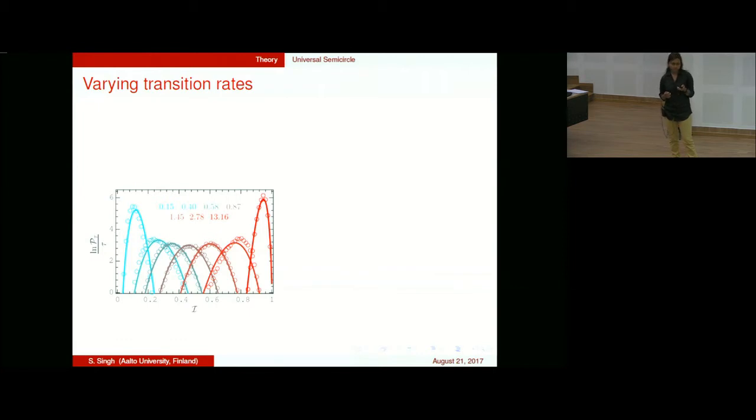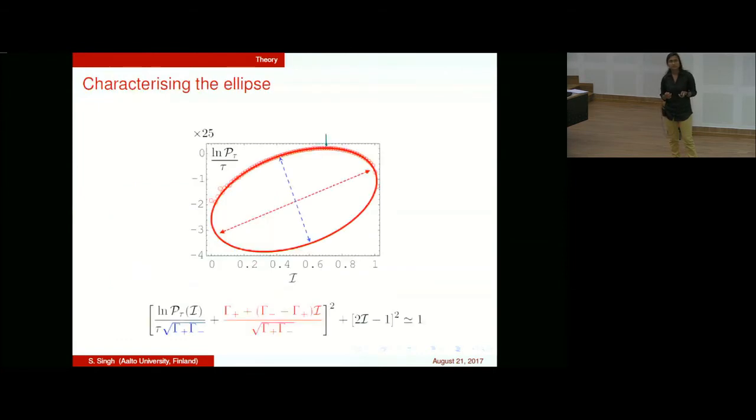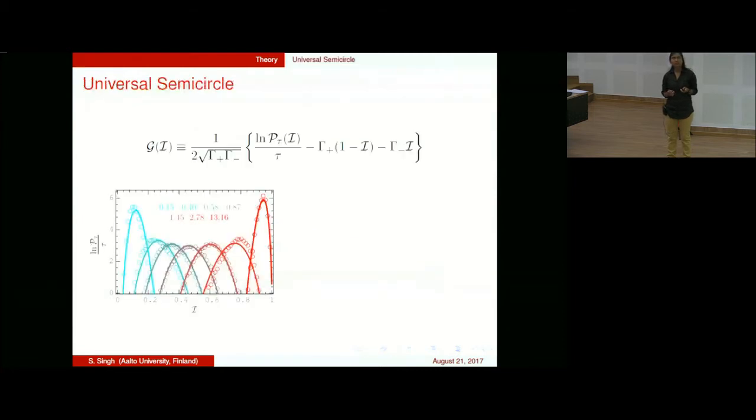And now what we wanted to do is, we have this equation and these gammas that define this ellipse. So what if we make a transformation such that these gammas are taken care of, so you subtract the effect of gamma? How does it look? So we defined this transformation.